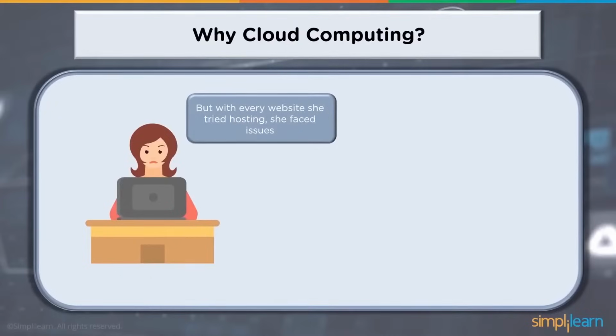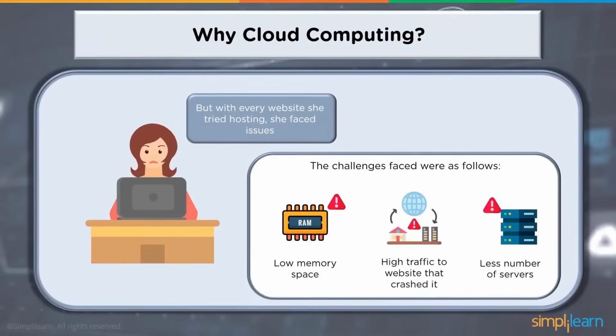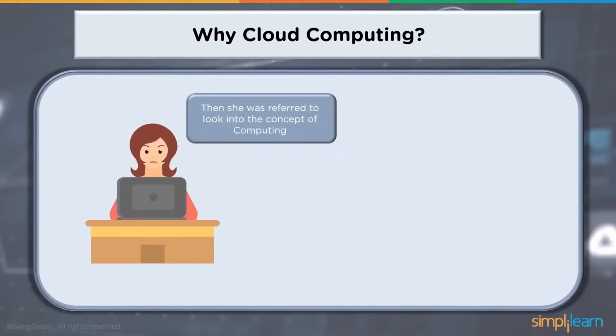The challenges which Nina was facing were low memory space whenever required for processing or for any other kind of application related work, high traffic to the website that crashed it, and also a small number of servers. Now, with these challenges, she was then referred to the concept of cloud computing and how that could benefit and help her in solving her issues.